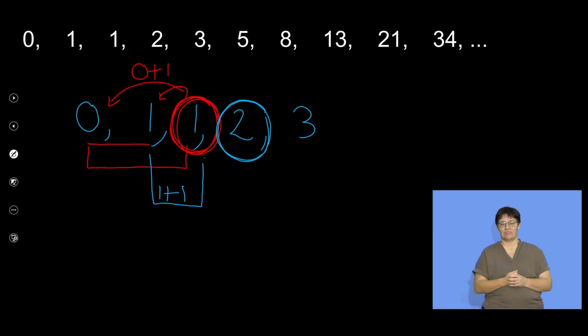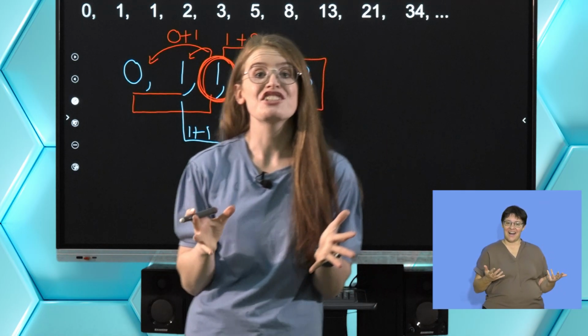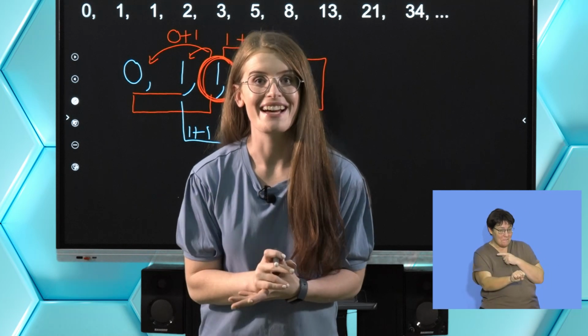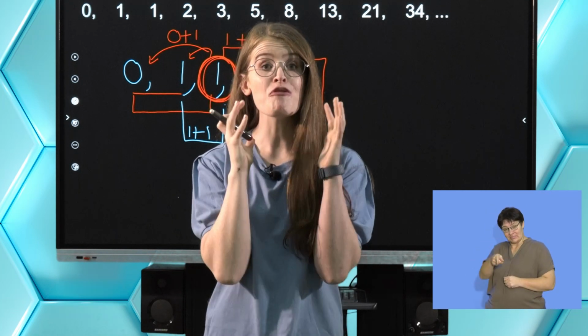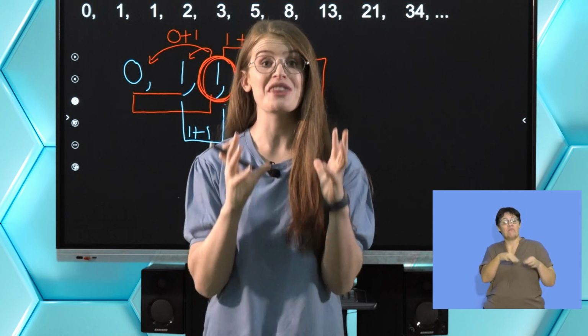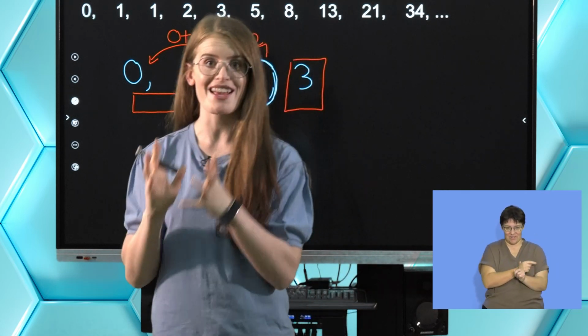Let's look at the fifth term. So I have the number 3, and 3 is equal to 1 plus 2. Everyone, I'm hoping that you can kind of see the pattern over here. With the Fibonacci sequence, the term value is equal to the sum of the two values that came before that.